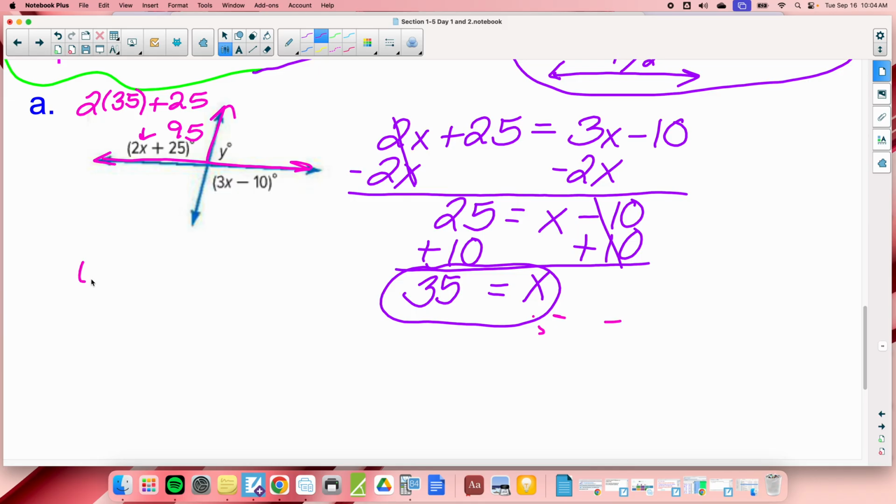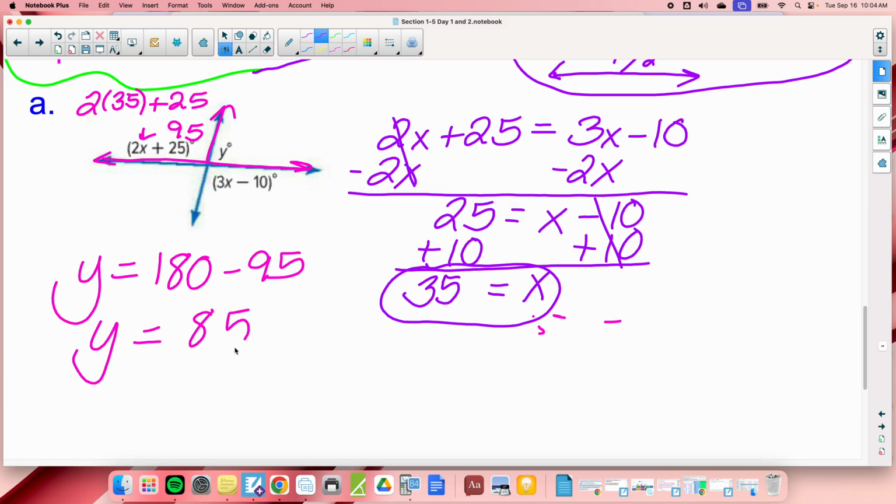So wouldn't y be 95, or sorry, 180 minus 95? Do you guys get that? Which is 85, right? And that is your answer. So to test it, you could put your x into each of those, make sure they're the same. Put your y in there and make sure that works out too.